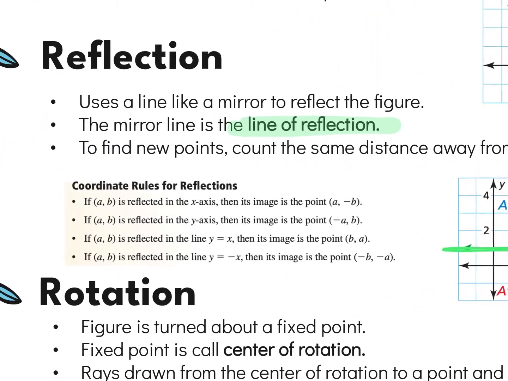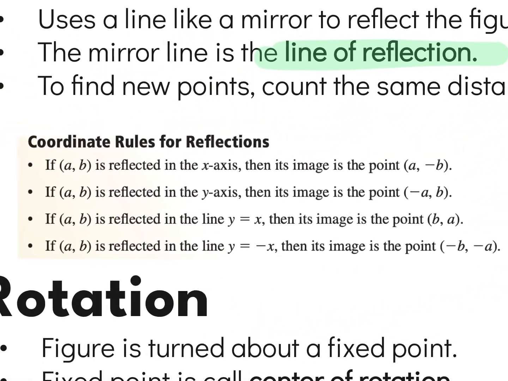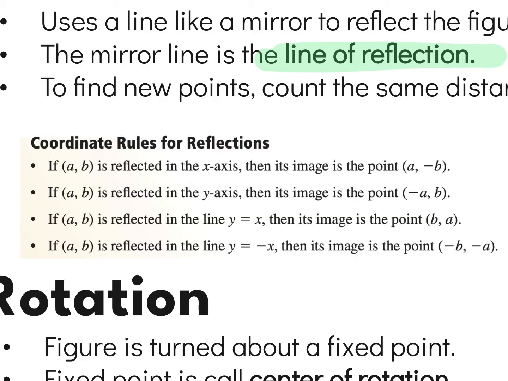However, here are 4 that always use this rule. This is a rule that should be remembered. So when you have your X and Y and it's reflected on the X axis, all you're doing is changing the sign of your Y. They put B, but still we could follow along.